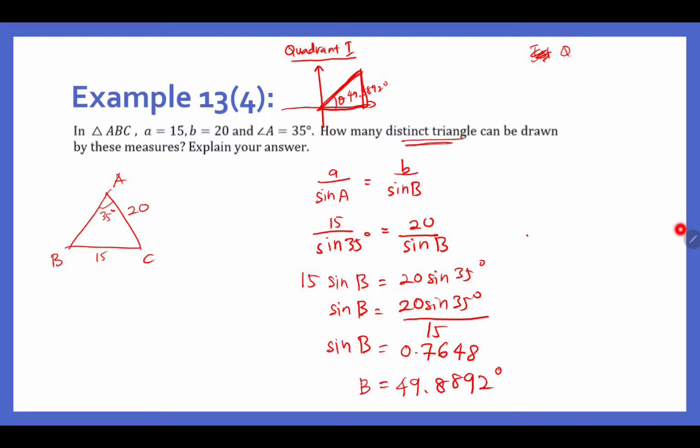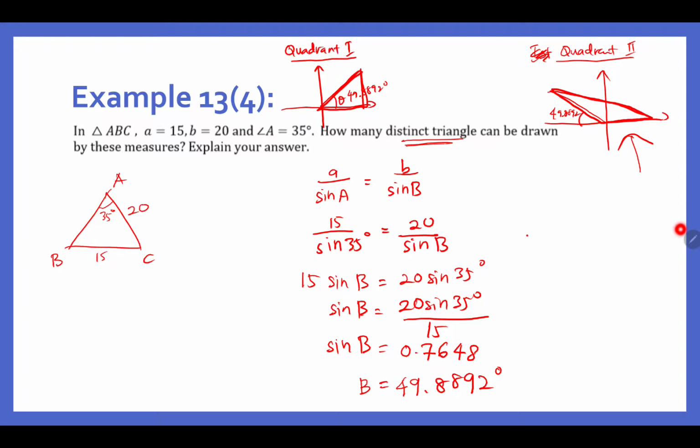Kalau dekat second quadrant, 49.8892 contohnya dekat sini, so the triangle akan bentuk macam ni. Sebab tu dia kata how many distinct triangle. Tapi kita kena check betul-betul possible ataupun tidak bentuk triangle yang macam ni.